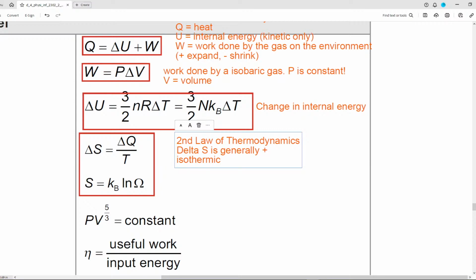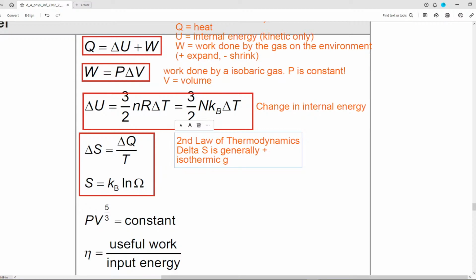If there is energy added to an isothermic gas, temperature does not change, so it must be expanding or changing volume. The pressure and the volume will change, which means it's actually getting more random.